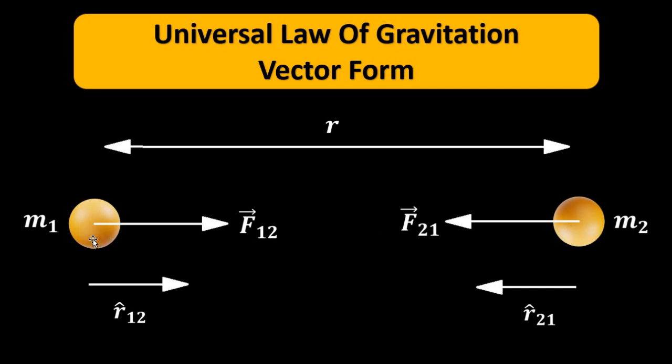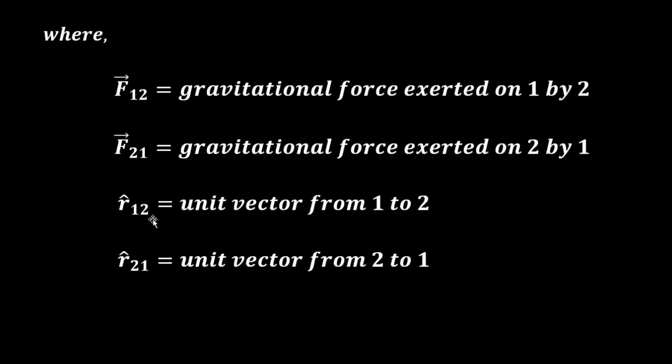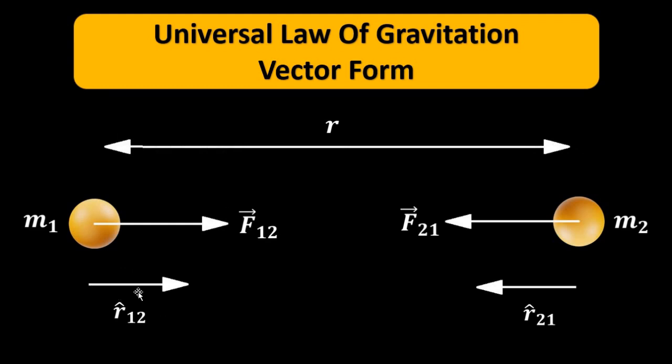Now here, R12 cap is the unit vector from mass m1 to m2. R12 is the unit vector connecting mass m1 to m2, and R21 cap is the unit vector connecting mass m2 to m1.